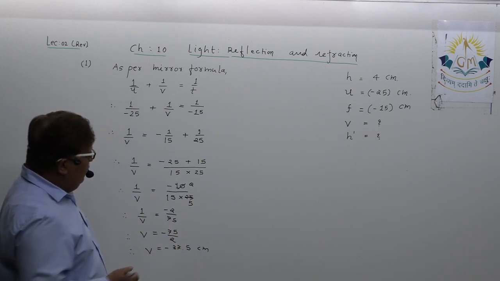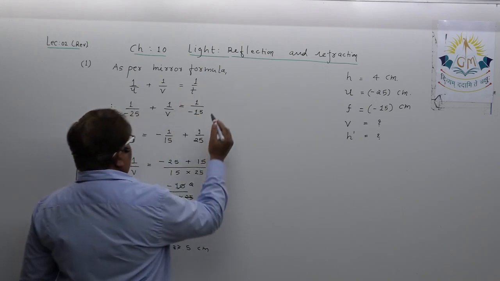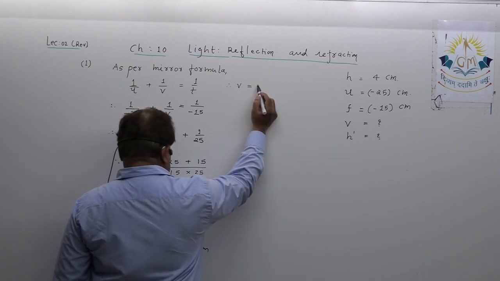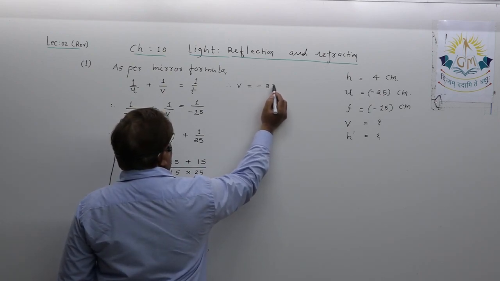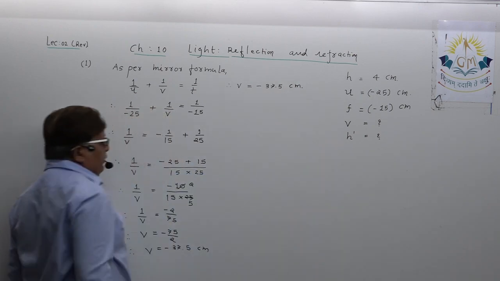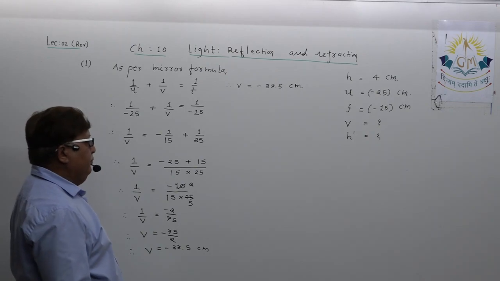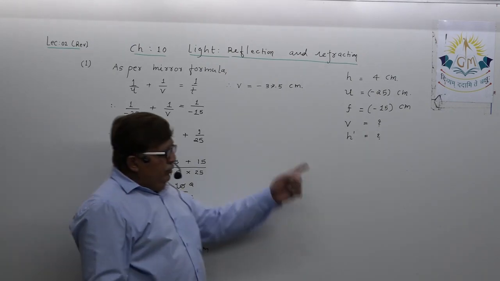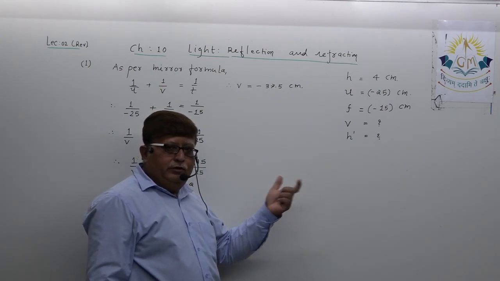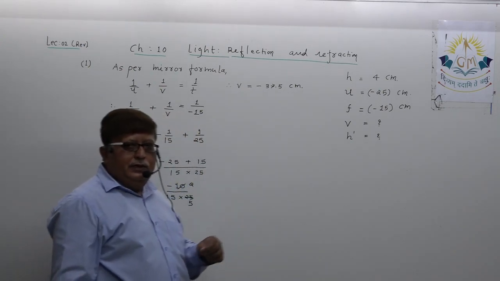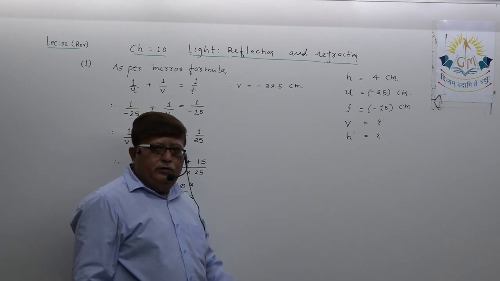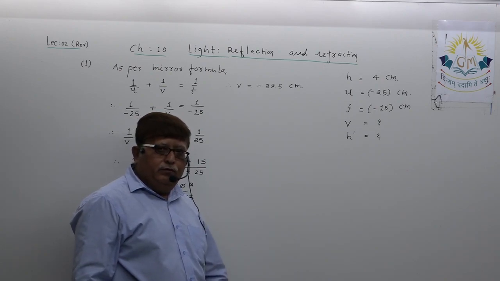So I would like to write the first answer here: v equals minus 37.5 centimeter. First answer we already got. Now, my dear student, you got at what distance the screen should be placed, and you also got the idea of the nature of the image just by getting the value of v.